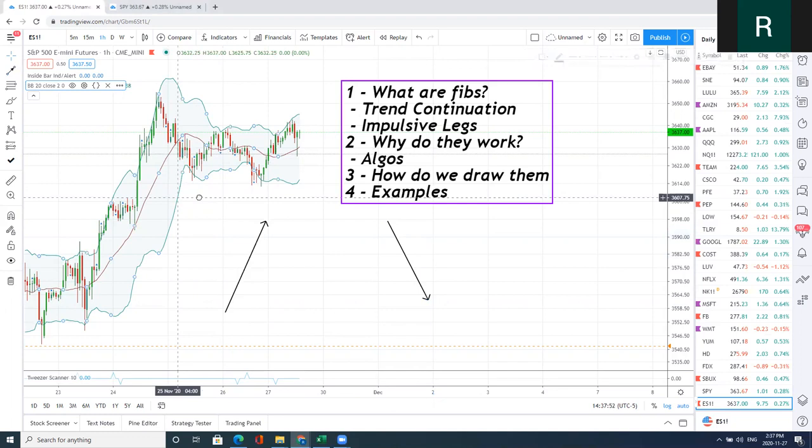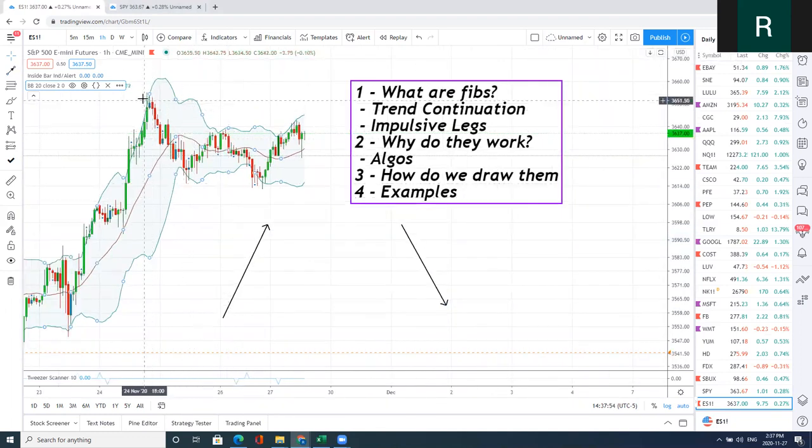We can look at this chart that I have right here and we can say this is an impulsive leg down. We can say this is an impulsive leg up. Impulsive means that it's not in a range, it's not consolidating, it is moving in that direction with force. And we can see this with force here, okay?